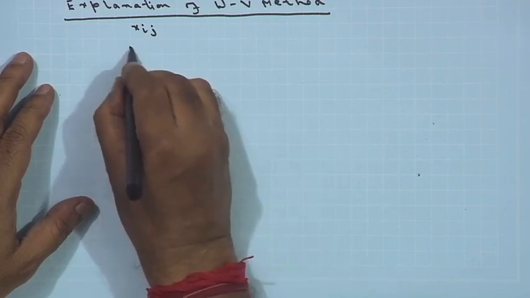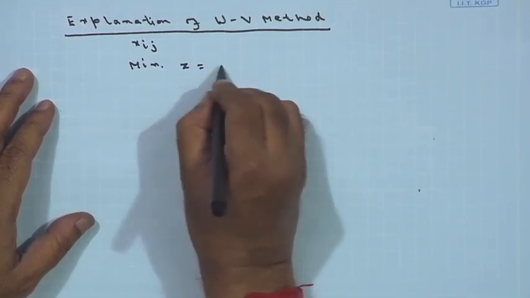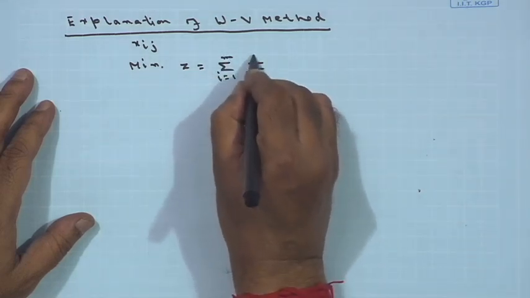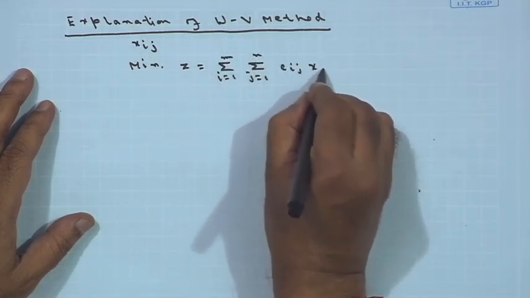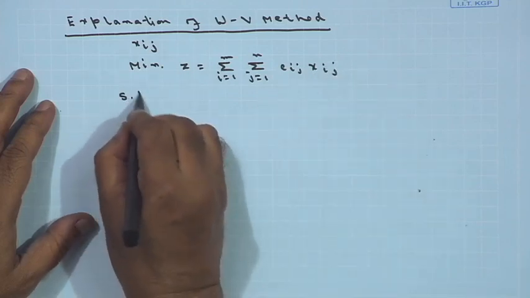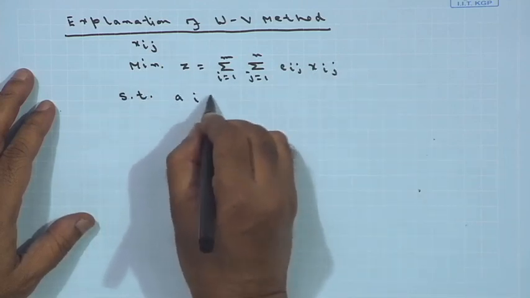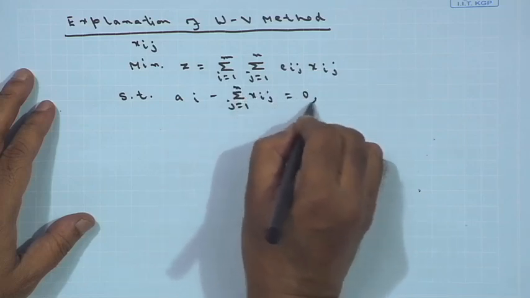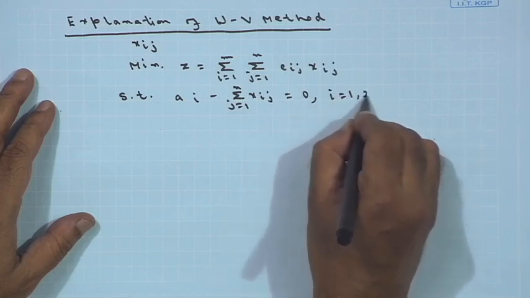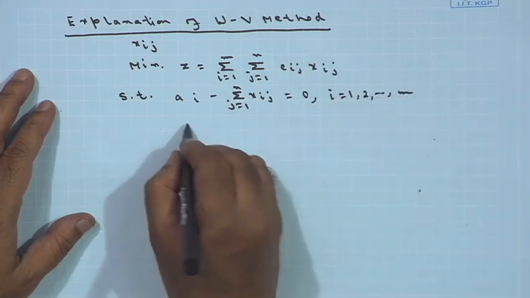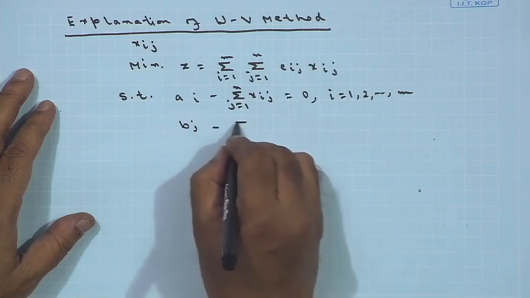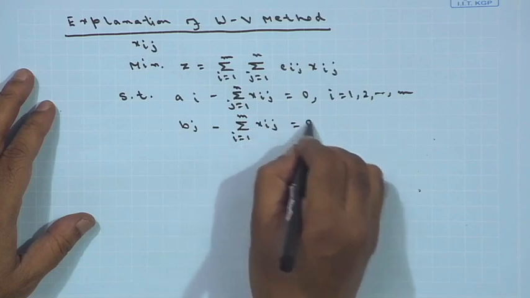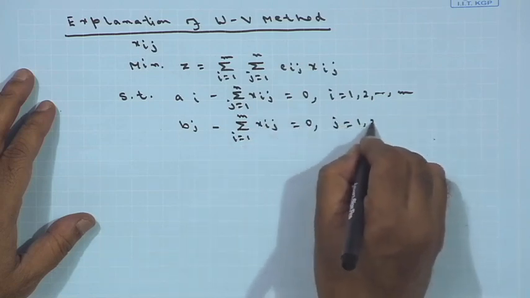I want to determine x_ij which minimizes z equals summation i equals 1 to m, summation j equals 1 to n, c_ij x_ij, subject to a_i minus summation j equals 1 to n x_ij equals 0, where i varies from 1 to m, and b_j minus summation i equals 1 to m x_ij equals 0, j equals 1 to n.